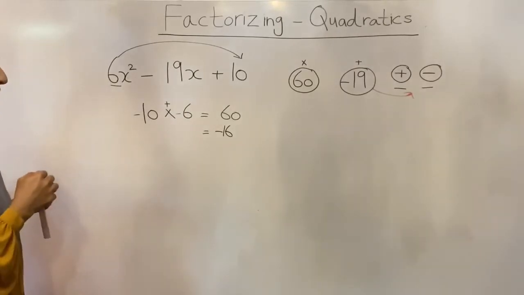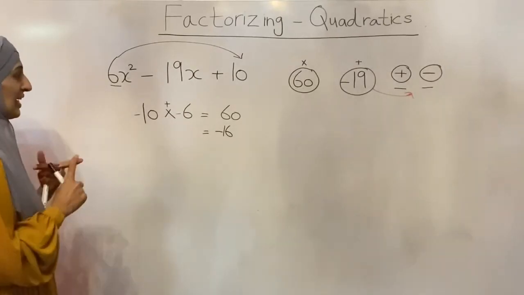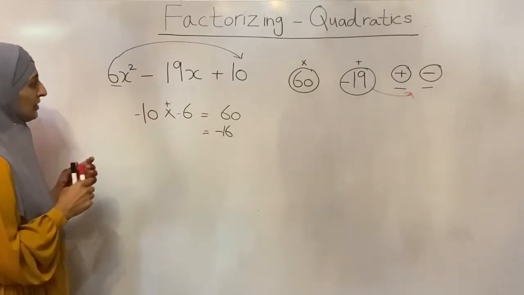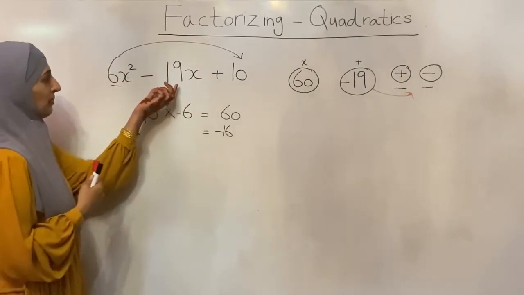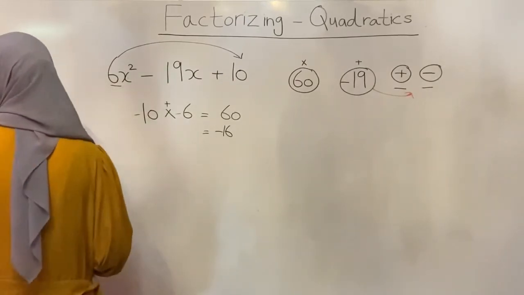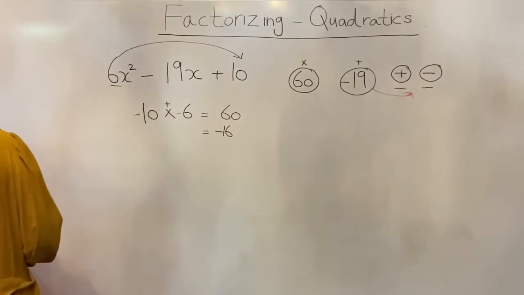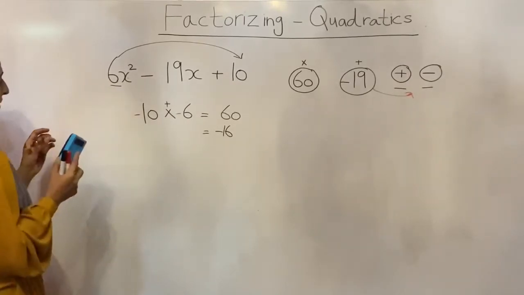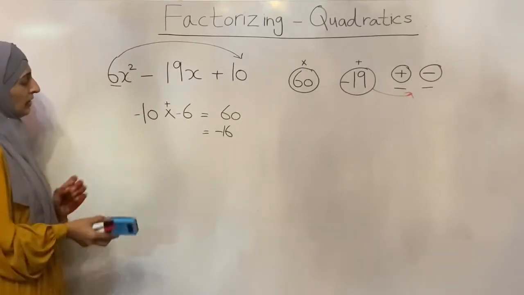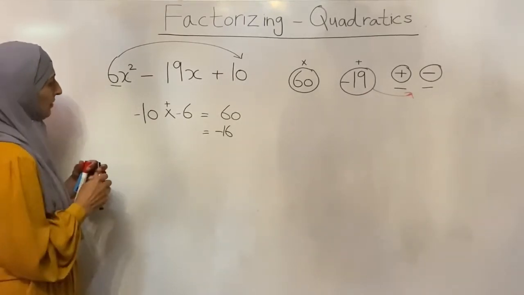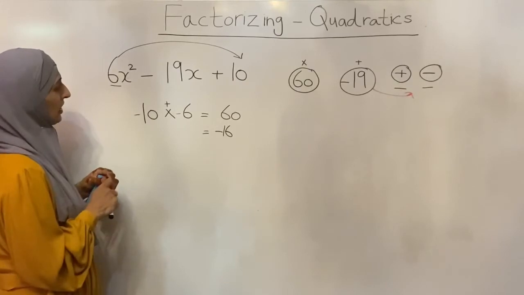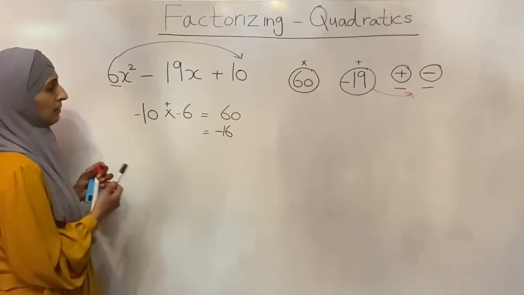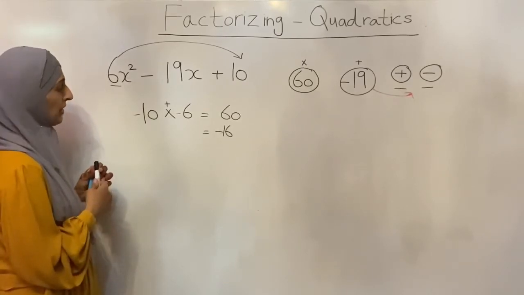So we have to find another factor pair of 60.